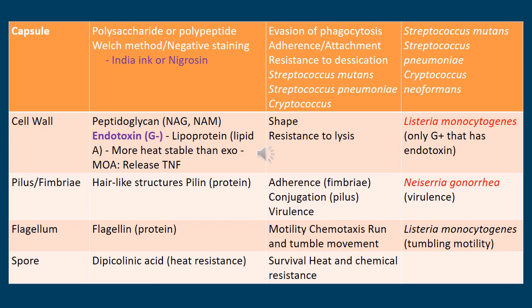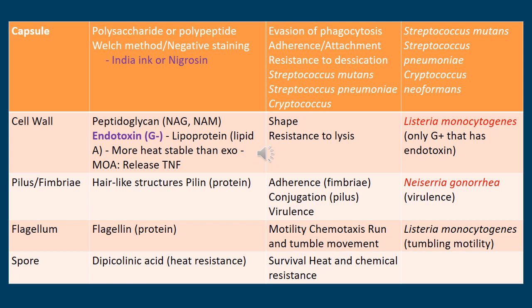And phagocytosis is a cellular process of ingesting and eliminating particles larger than 0.5 micrometer in diameter. We have samples like, for example, Streptococcus mutans.